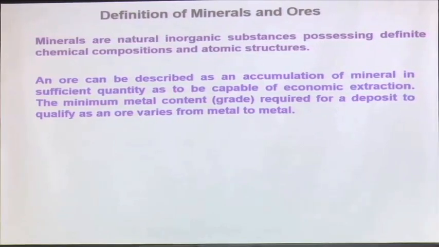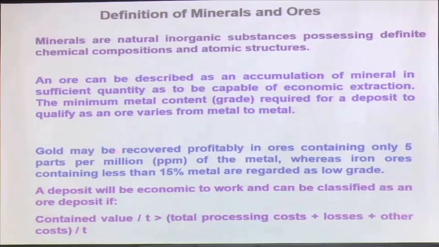Now, how much that should be? It varies from mineral to mineral. The metal content, that is called the grade, required for a deposit to qualify as an ore varies from metal to metal. I give you an example like gold. Do you know how much gold is available in the ore that we are mining and processing and converting into metal?